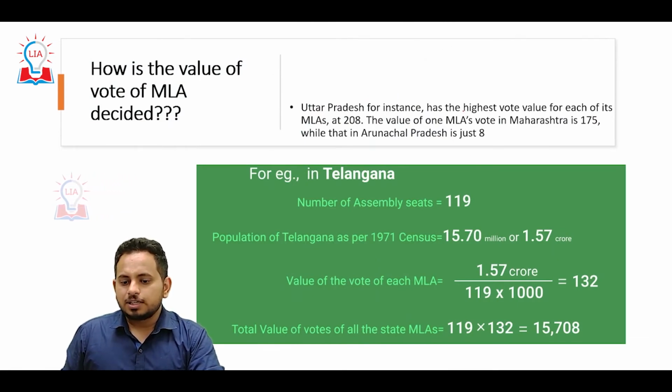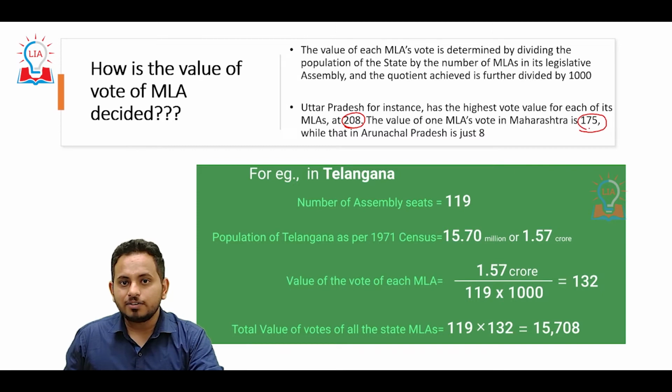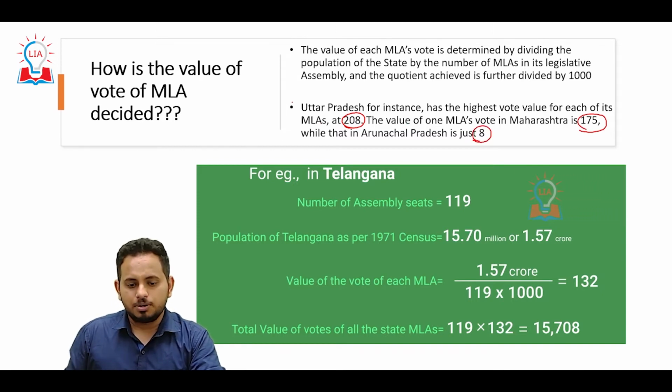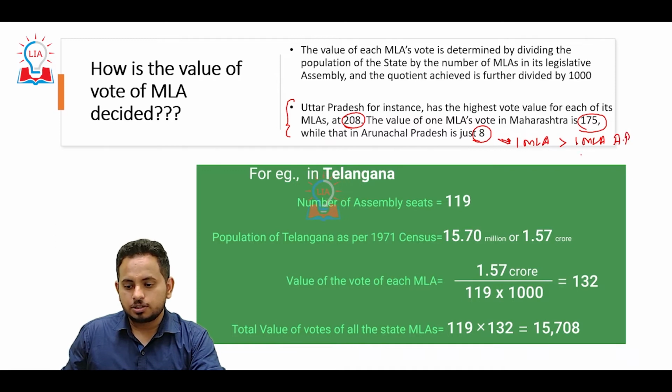Uttar Pradesh, for instance, has a value of 208 for 1 vote. Maharashtra has 175, while Arunachal Pradesh has just 8. To make you understand better, the value of the vote of 1 MLA of UP is greater than the value of the vote of 1 MLA of Arunachal Pradesh.